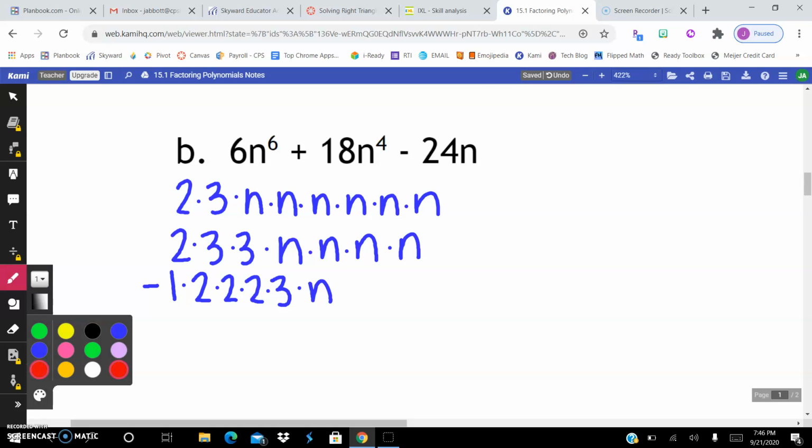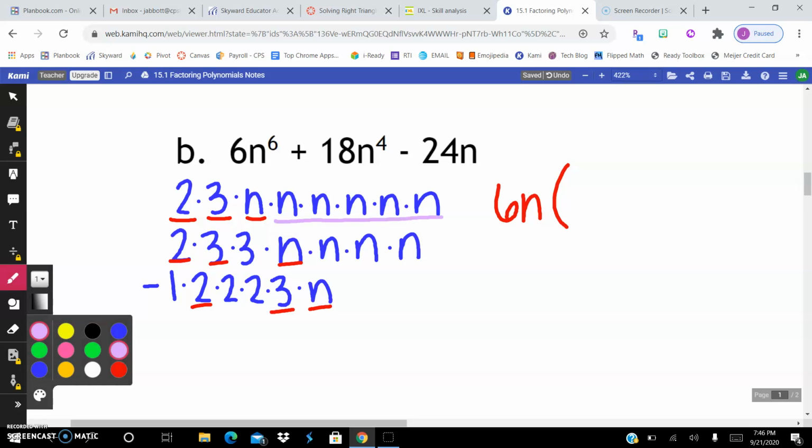Now, what do they have in common? They have a 2, a 3, and one n. So 2 times 3 times n would leave us with 6n. So that is our greatest common factor. And then what do they have left over?